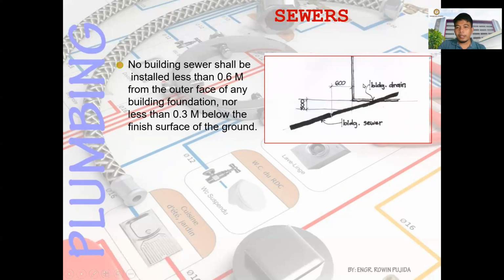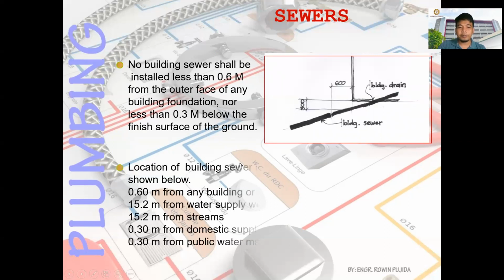So this is your building and this is your building drain. So for the building sewer, the distance is 0.6 meter, and then the depth for the building sewer is 300 millimeters or 0.3 meters.